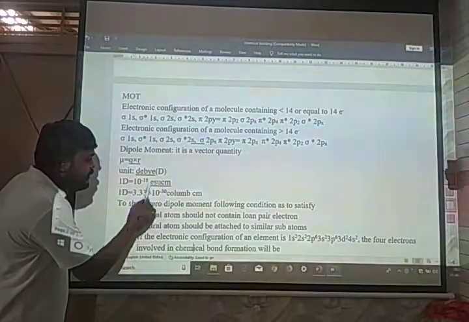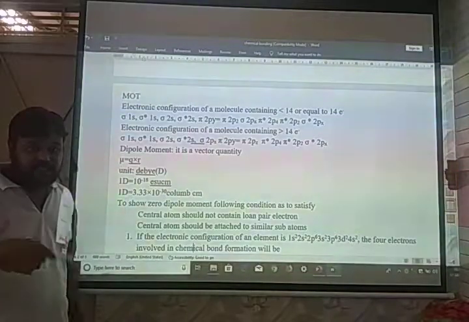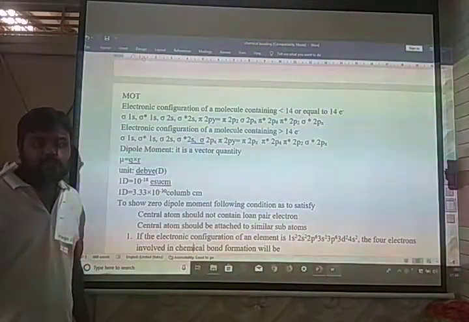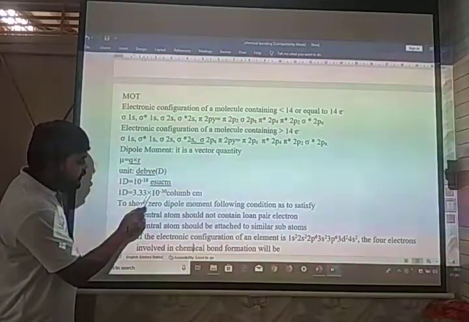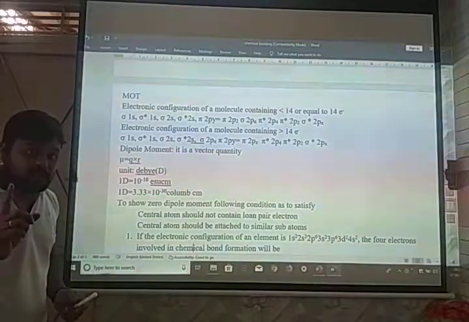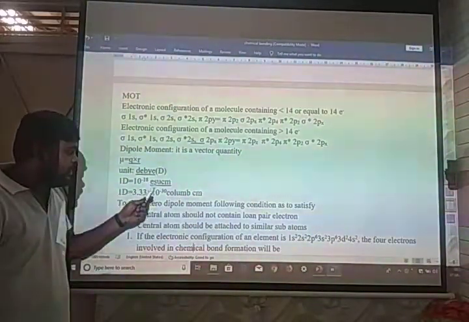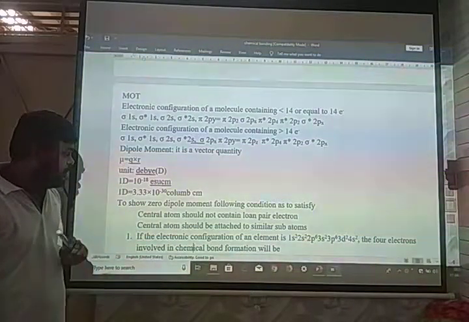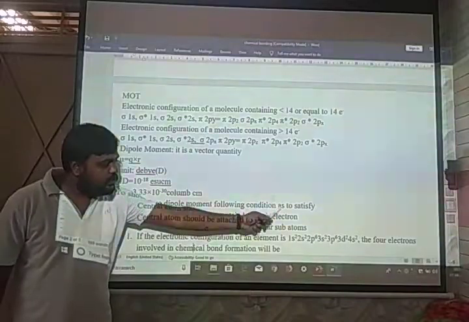Remember, this unit Debye is in the CGS system, gram centimeter second system. So similarly, 1 Debye equal to 3.33 into 10 power minus 30 coulomb centimeter. Remember, this conversion is very important.